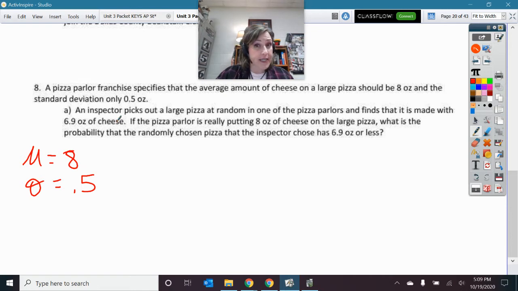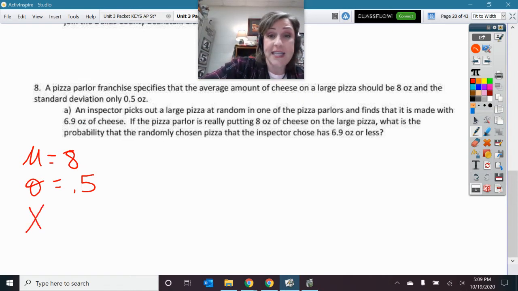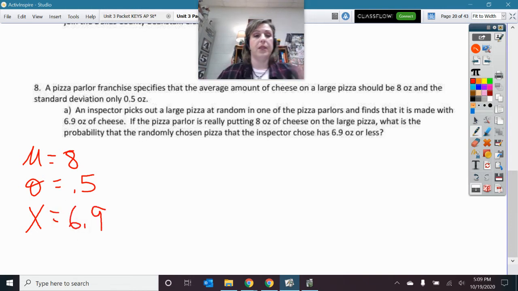So if that's a context amount, then that's going to be your X. Okay? So a context amount is your X. So I know I got 6.9. If the pizza parlor is really putting 8 ounces of cheese on the pizza, what is the probability?